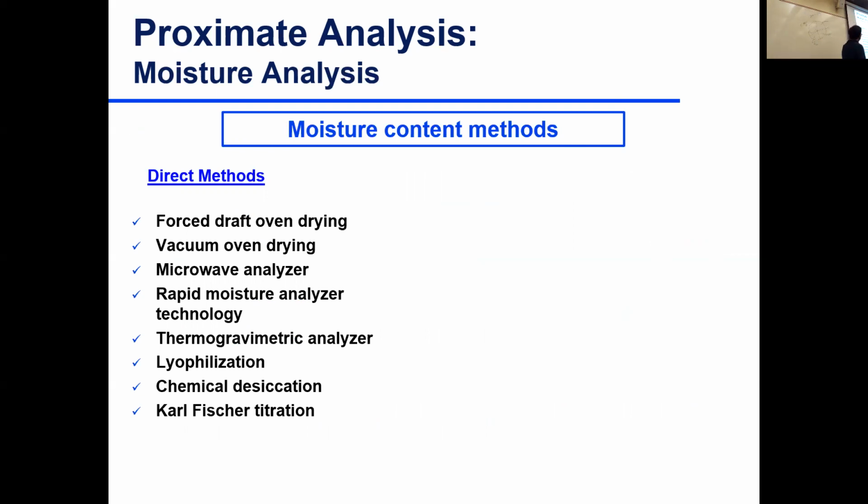Some of them are direct, especially the ovens, where you put your sample, dry the water, and then measure the weight. The difference is the moisture that evaporates. Rapid moisture analyzer also is based on evaporation. Thermographic analyzer, lyophilization, another word for freeze drying, and chemical desiccation. We're going to talk about these in more detail.